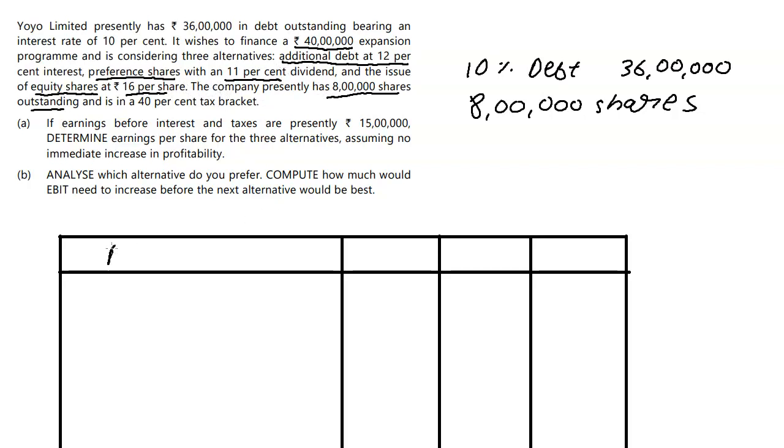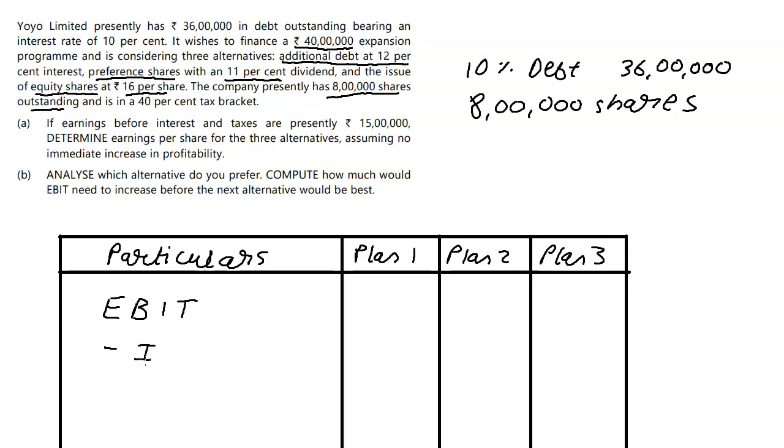We have particulars, option 1, plan 1, plan 2, plan 3. And I'm going to stick to using short forms. It'll be best if you all use full forms.